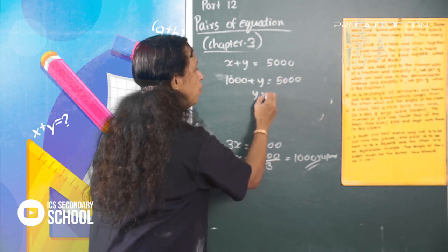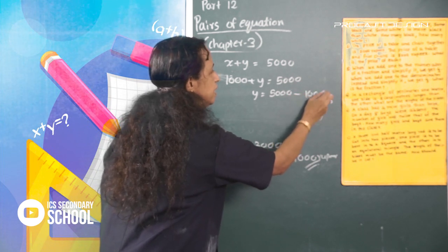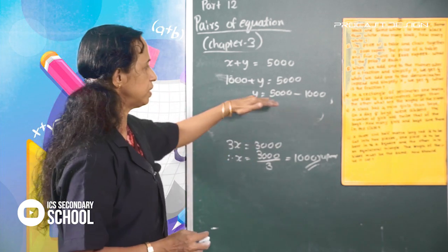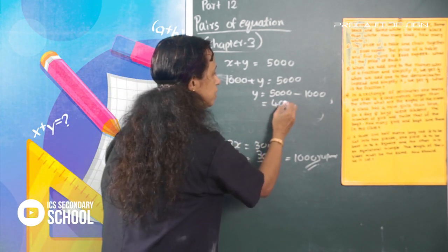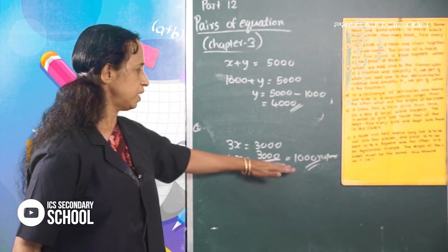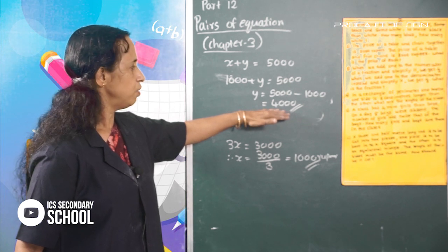Y is equal to 5,000 minus 1,000, which is equal to 4,000. The price of a table is equal to 4,000, and the price of a chair is equal to 1,000.